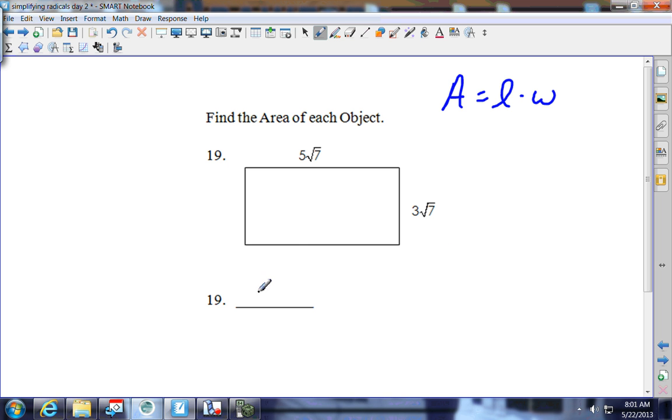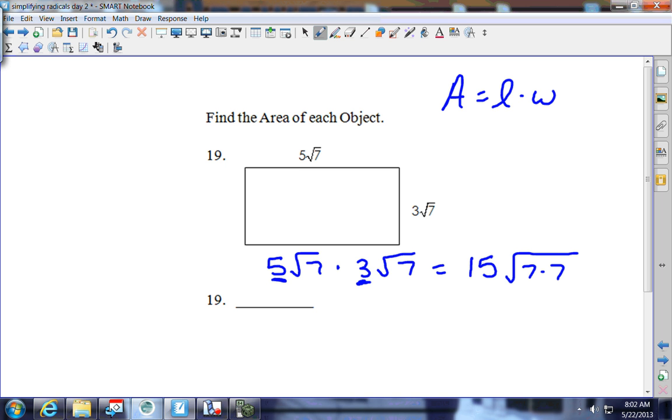So I'm going to take 5 square root of 7 times 3 square root of 7. Okay. So this becomes 5 times 3, which is 15. Then underneath the square root sign is 7 times 7.